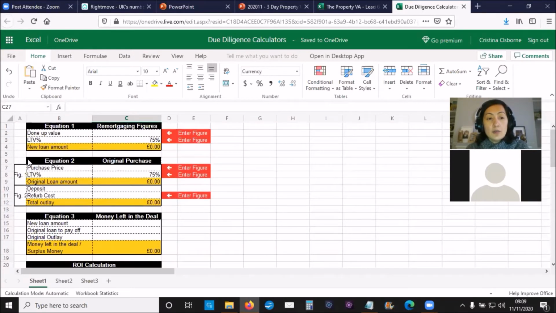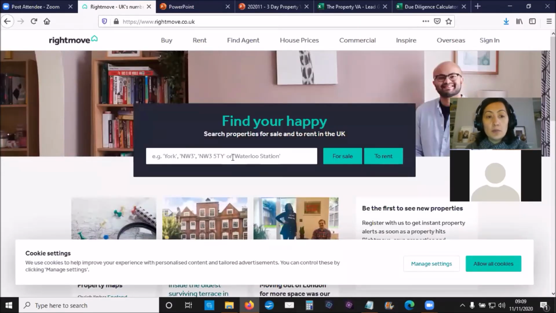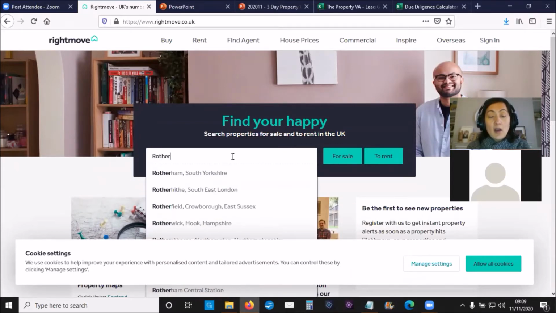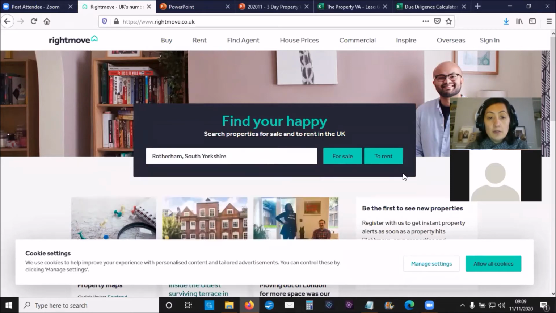Okay. So what we're going to do is go back to Rightmove, find the property to use for the exercise for today. So we're on Rightmove, and for example, we are going to find a property in Rotherham. Rotherham is in South Yorkshire.